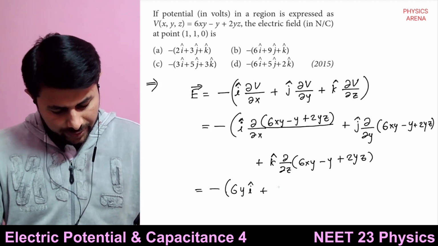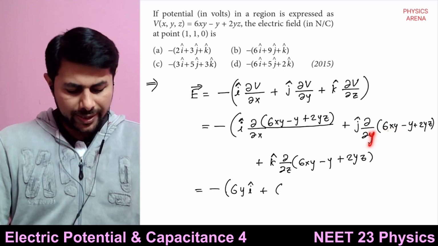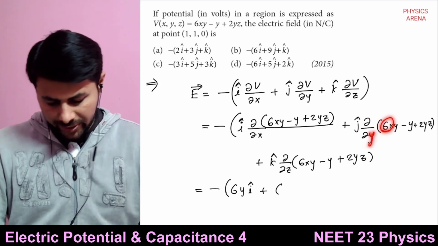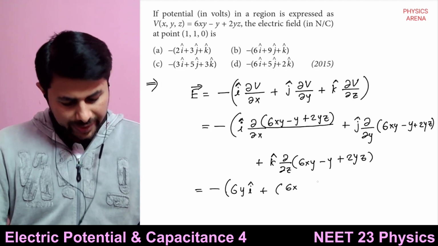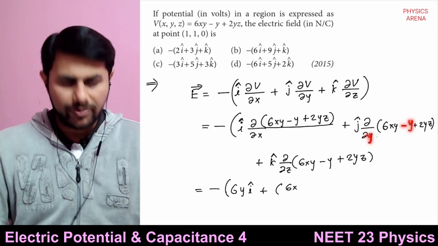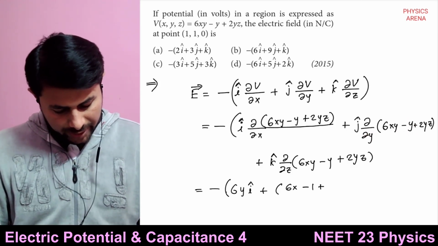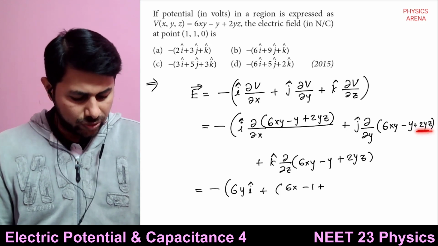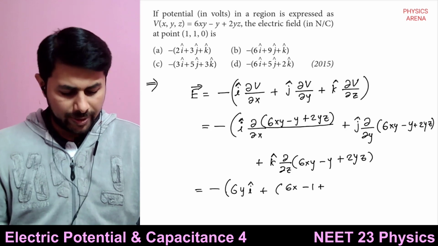Plus you have the derivative of this with respect to y. You will treat x as a constant and take it outside. 6x multiplied by j cap, but there is more, right? So minus the derivative of y with respect to y, which is 1. So minus 1 plus, here you have 2yz, so you take 2z outside. The derivative of y with respect to y is 1.